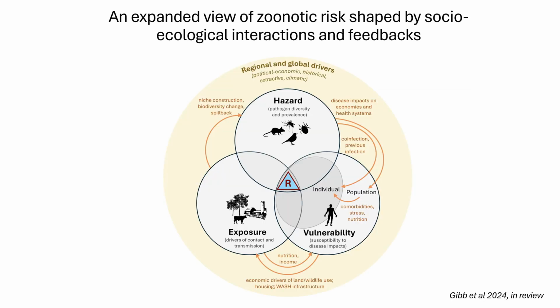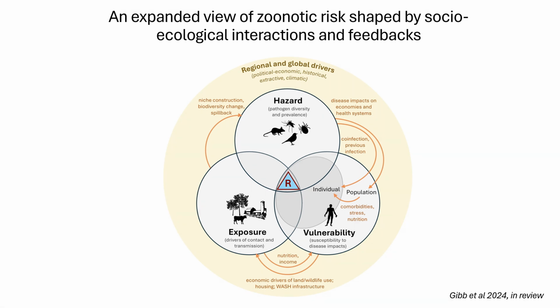This is a paper that I've led that's currently in review, where we're trying to take a more expanded view on this framework, and think about how socioecological interactions and feedbacks create linkages between hazard, exposure, and vulnerability, and how these are all determined simultaneously by these larger-scale drivers. To give you a general sense of what this is showing, we have hazard, exposure, and vulnerability and their convergence driving risk.